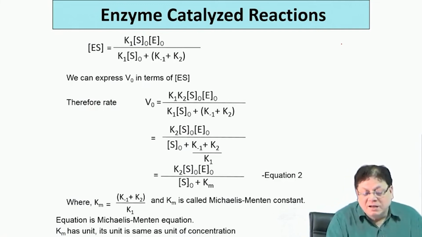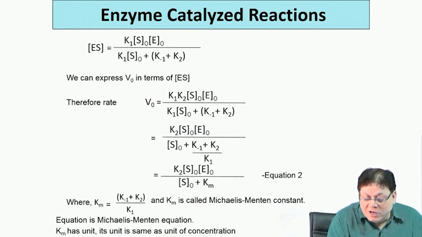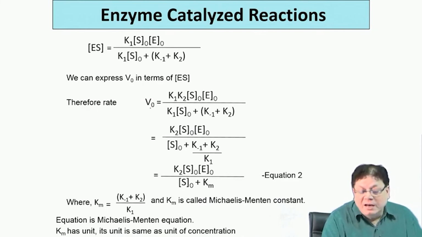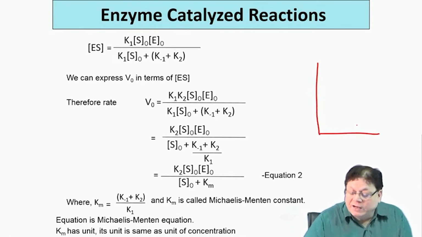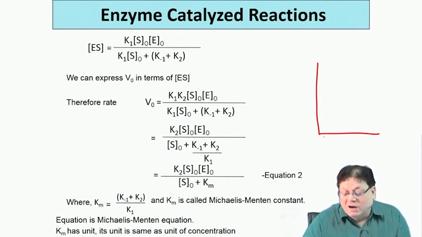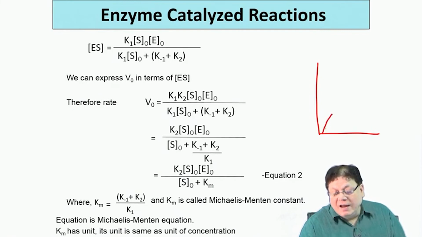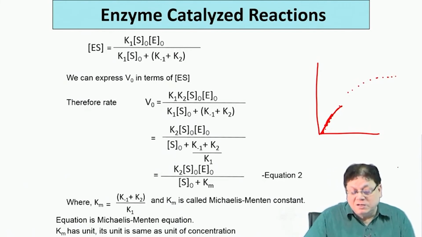Initially, you get this V0. The 0 means, in enzyme kinetics, as soon as you add the substrate, the reaction starts, and the initial rate of the reaction is initially linear and then slowly slows down as the substrate is depleted.